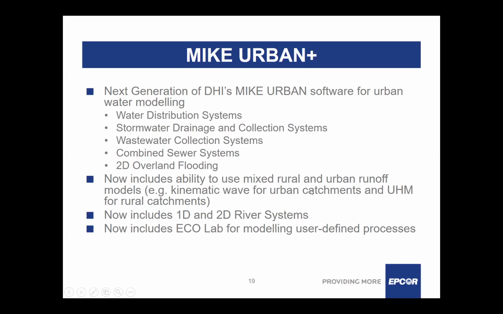So what is in MIKE URBAN? What can it really do? It can do water distribution modeling. It can do drainage and the collection system, wastewater, combined sewer overflow, and overland flooding. The model can also mix and match the kinematic wave and the hydrology component for the rural as well as the urban environment.